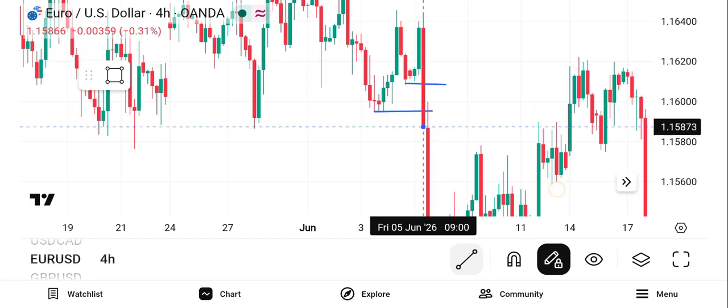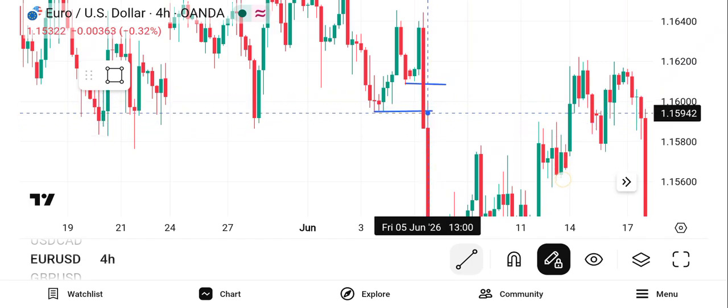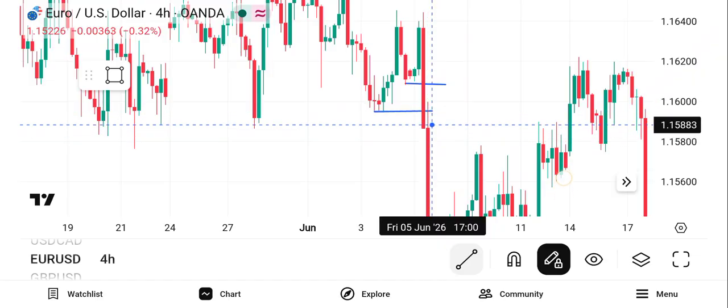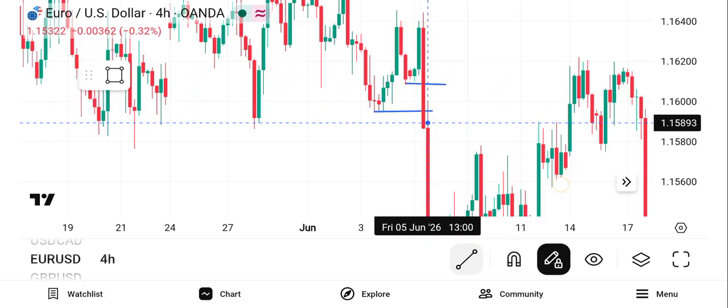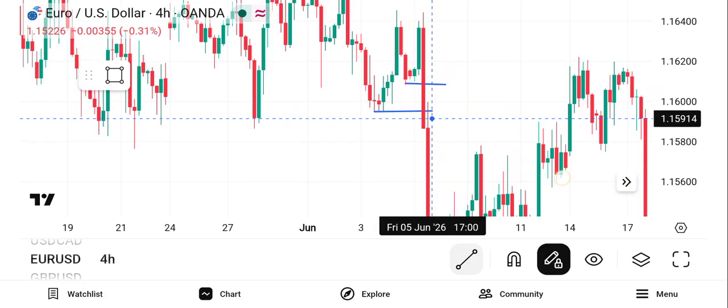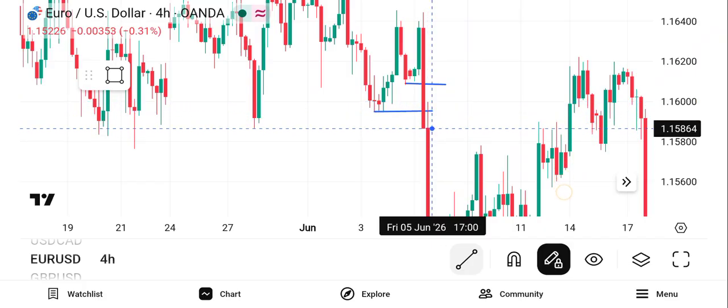An inducement is a first value pullback after a double break of structure. That means after you have gotten your double break of structure, the pullback that you are going to have can either be a single candle or multiple candles. But in this scenario, it's a single candle that pulled back.